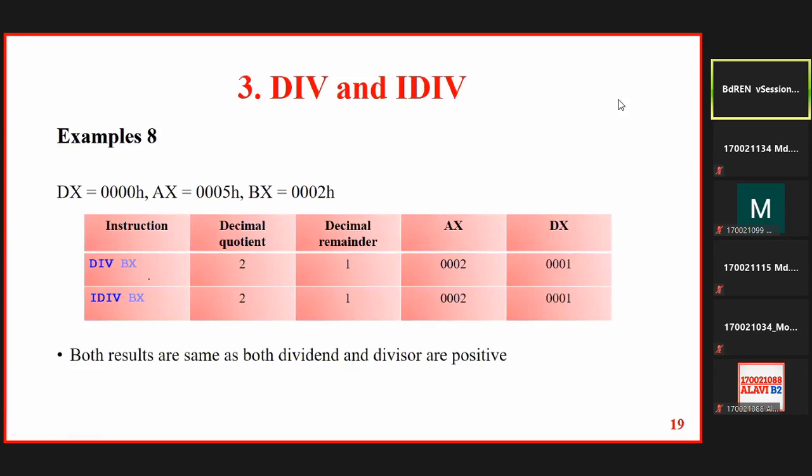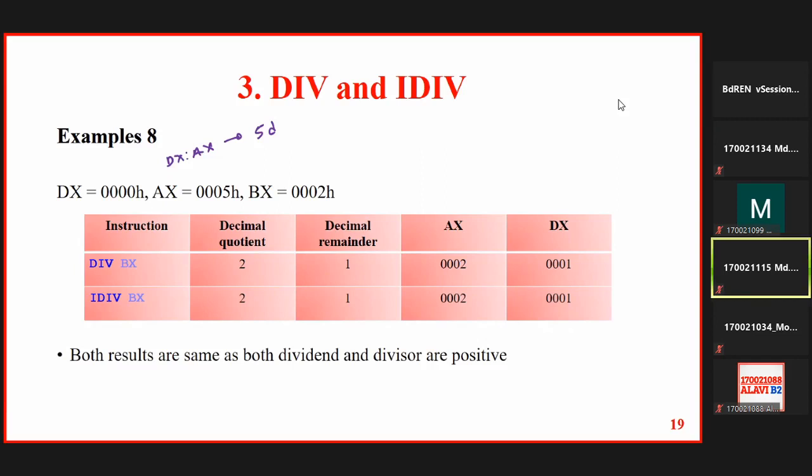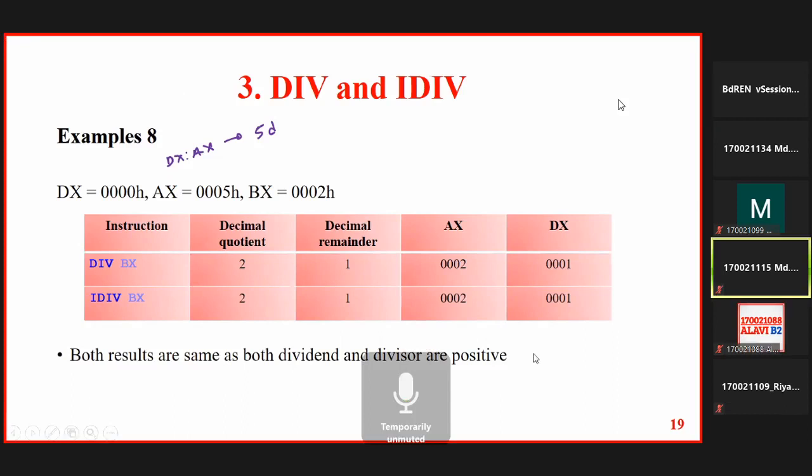In this particular case, your dx and ax in total hold 00005, isn't it? If I represent that in decimal, it is 5.